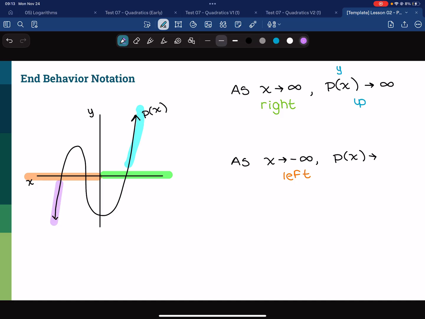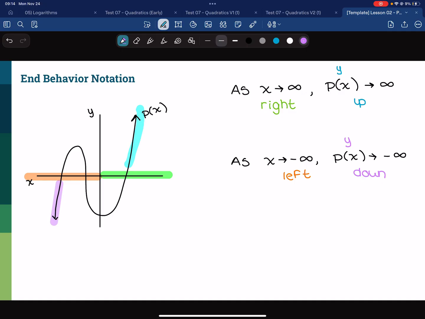So down for us is going to be that negative infinity idea. Again, we're talking about function notation, so we're using that as the y value, but we're looking at x and y. So that would be our formal write-up of the end behavior and which way it goes, just to model it.